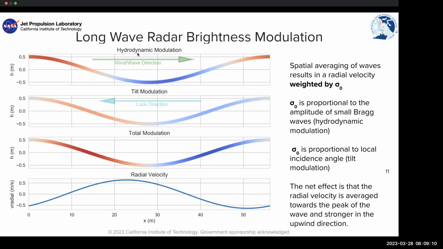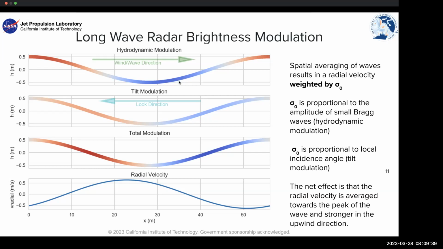Due to the fact that the waves are nonlinear, there is going to be a hydrodynamic modulation of the small waves by the large waves. Typically that will change the amplitude of the small waves as they ride along the large waves, with a larger amplitude being towards the crest, a little bit forward of it, and the lowest amplitude being towards the bottom, but a little bit to the right of it.